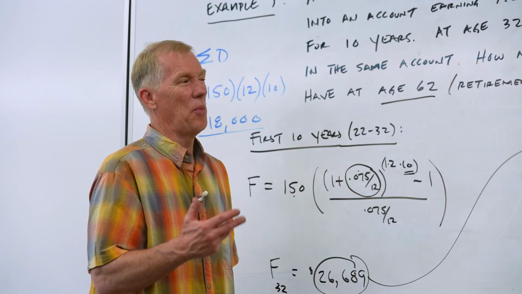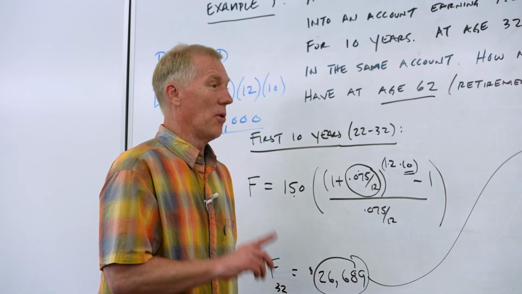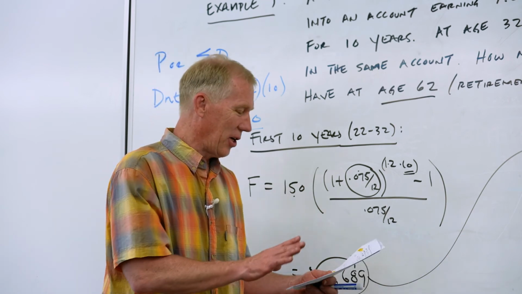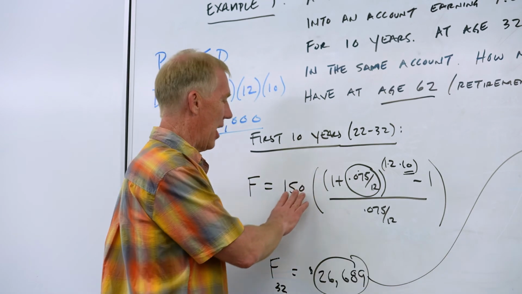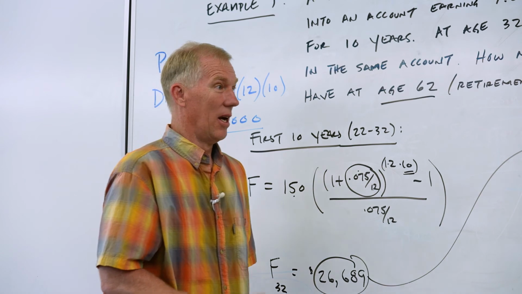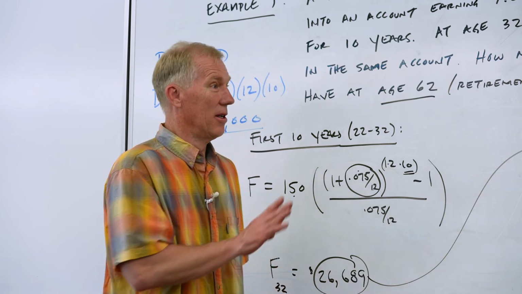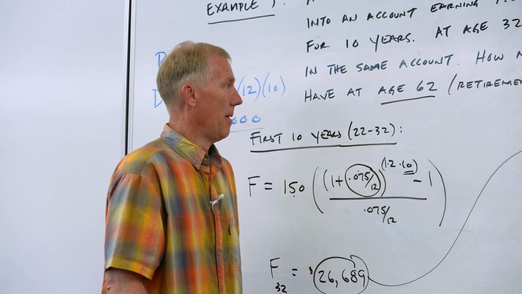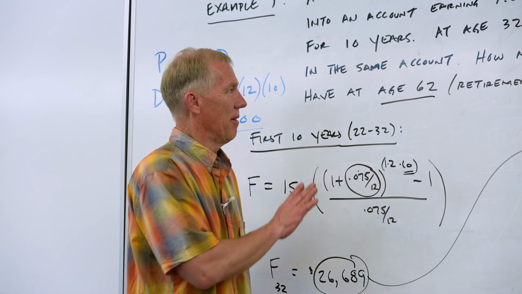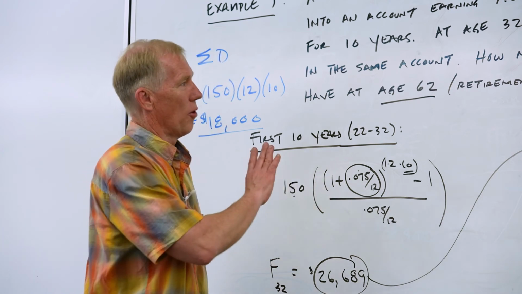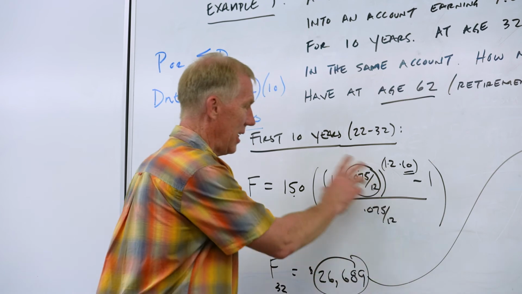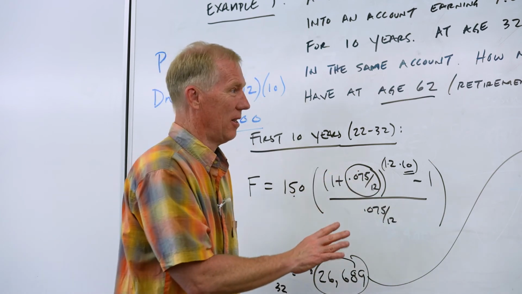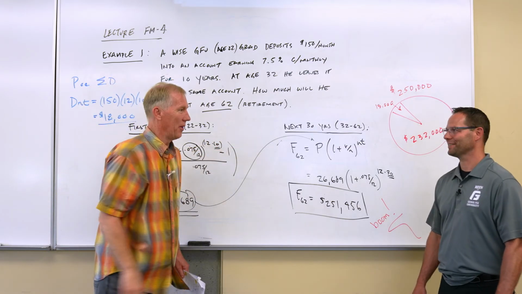They got competitive and wanted to catch up to him. So at age 32, they decided to start putting $150 a month into the bank. If they put that money in for 30 years, not 10 years, at 62, will they catch him or not?